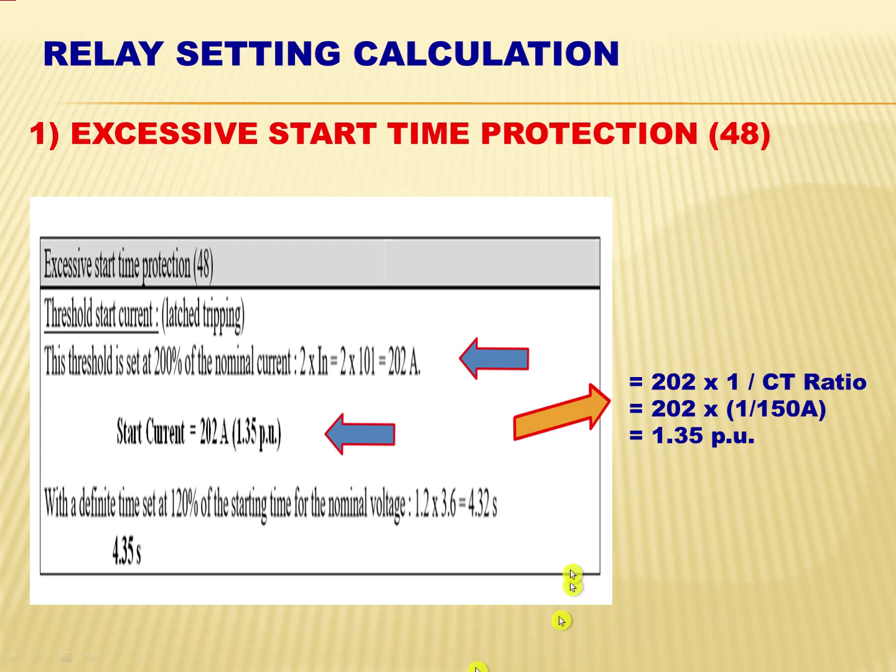Our acceleration time here or starting time is 3.6, so we add more 20%. That's why we multiply here by 120% times the starting time. So our setting here for the time is 4.35 seconds.